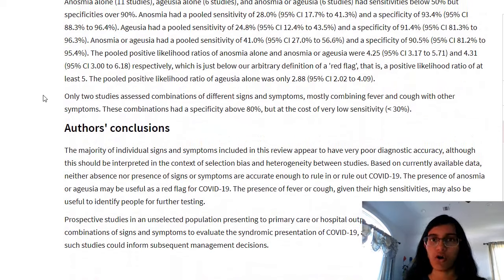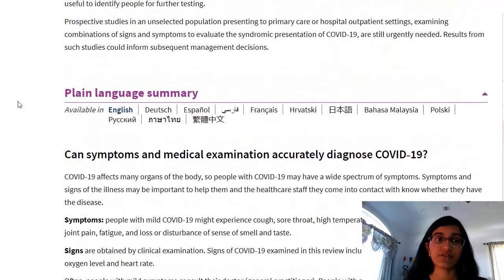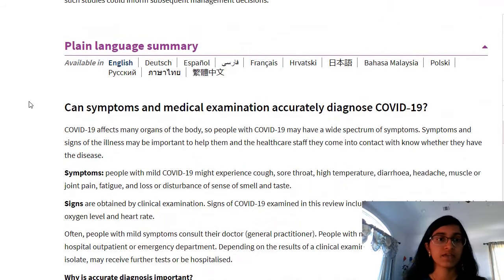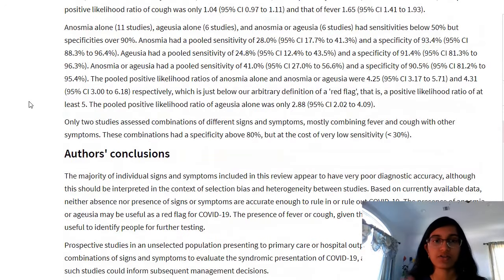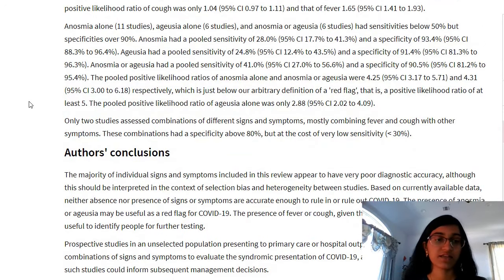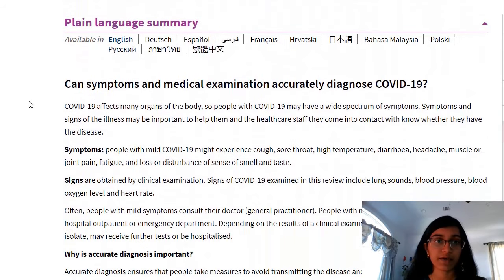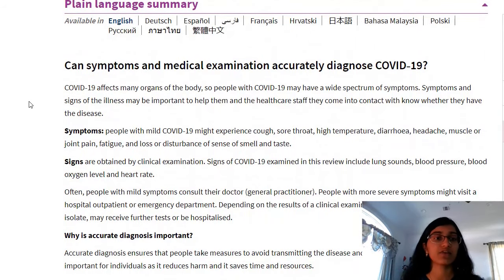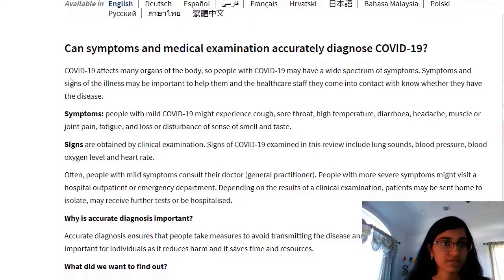I don't know if they do this for all of their articles though, so I will have to check. But in this at least, they included a plain language summary. So if it's a little bit hard to get through all the scientific jargon, then you could also go to the plain language summary, and it has a lot of the same information there.